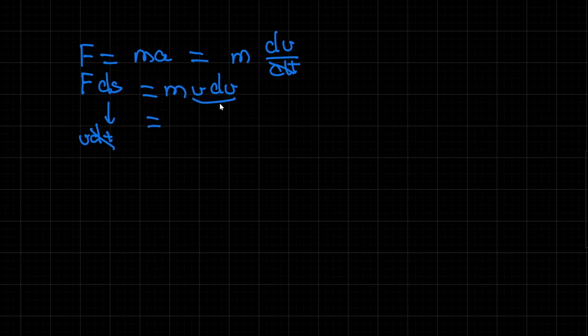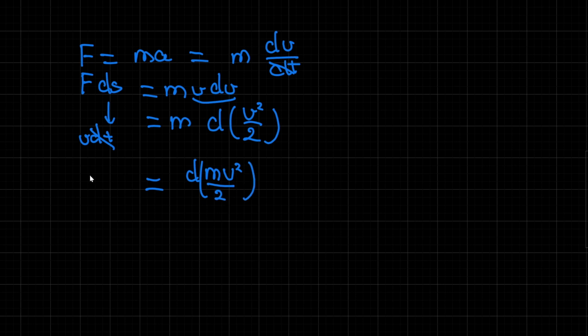And you notice this one is the derivative of v squared over 2, right? So I can put the m inside, so we will have d of mv squared over 2, and this equals F ds.